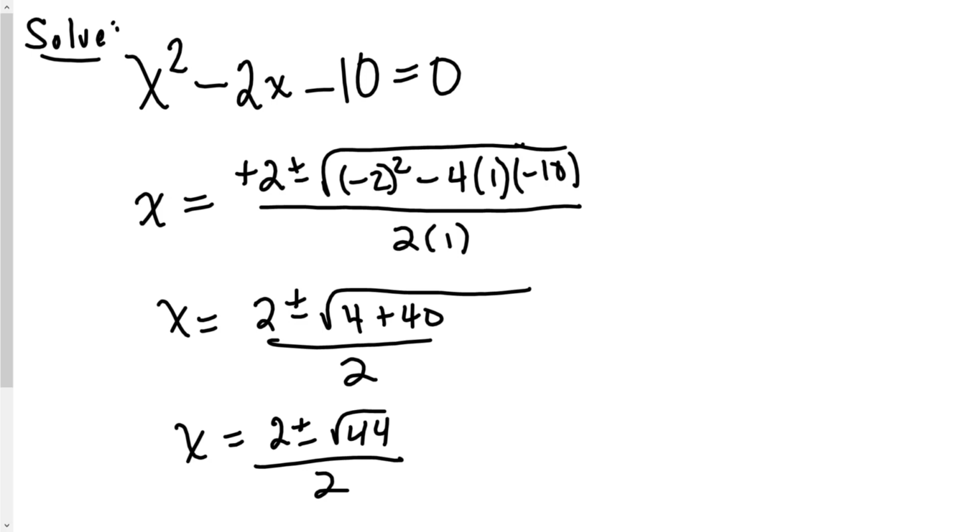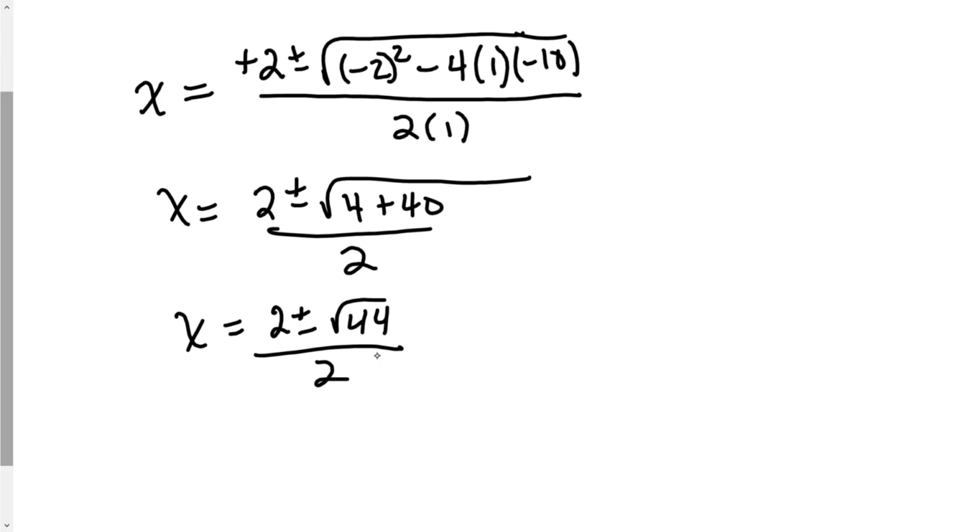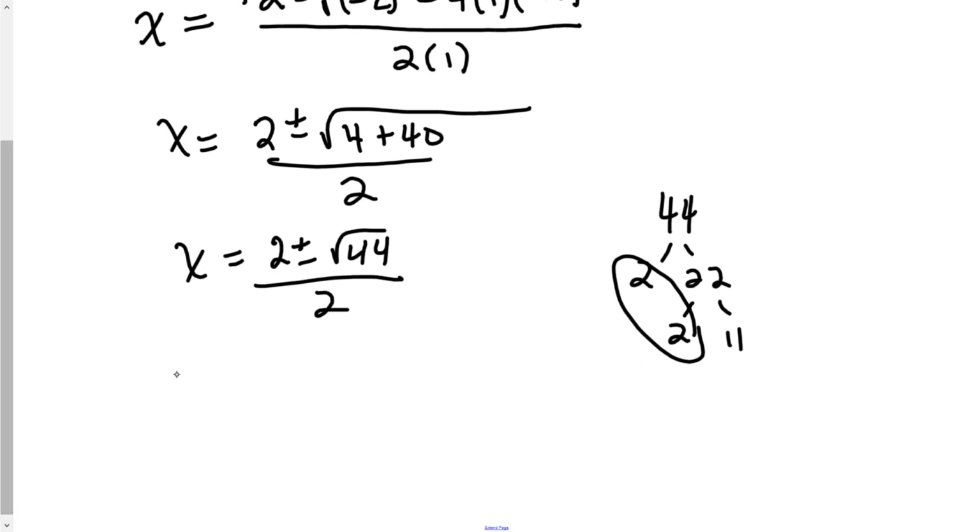Now most everyone can get to that point, but then sometimes we start to struggle with how to simplify that. The thing we have to remember is that the first step is to simplify the square root part here. So if we have 44, we would break that down into 2 and 22, which breaks down into 2 and 11. Any pair of factors represents a perfect square factor, so that means I can rewrite x equals 2 plus or minus 2 root 11 over 2.